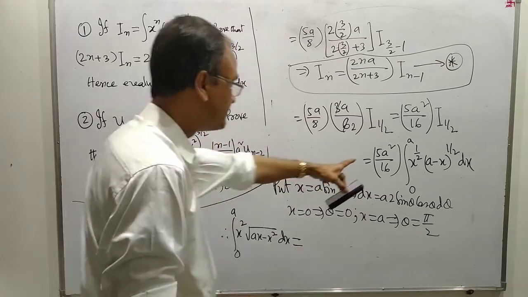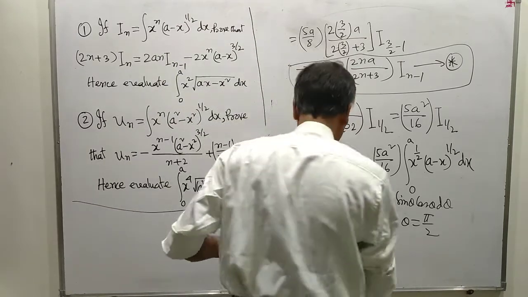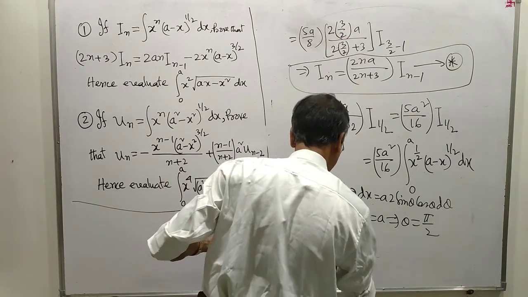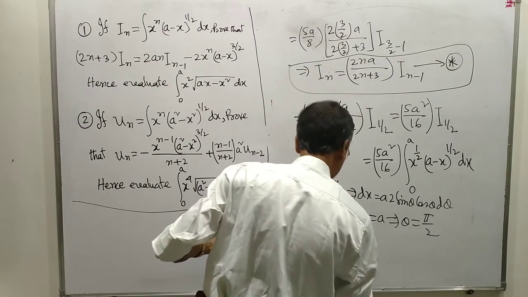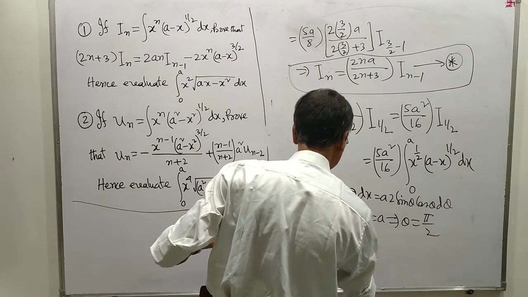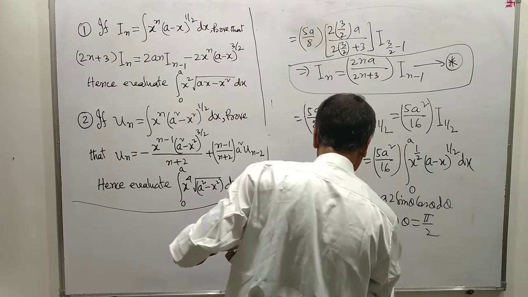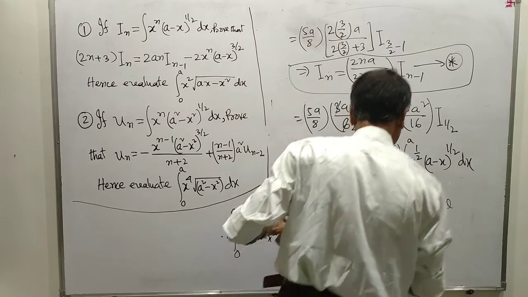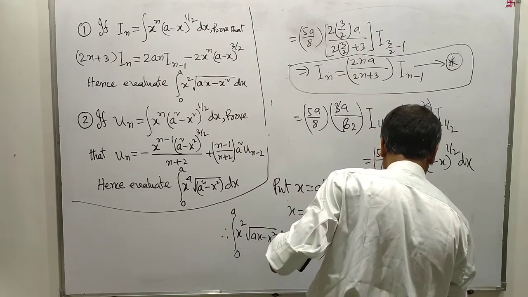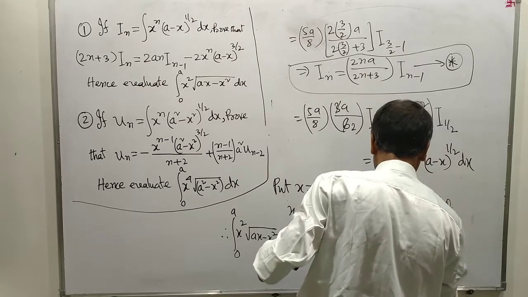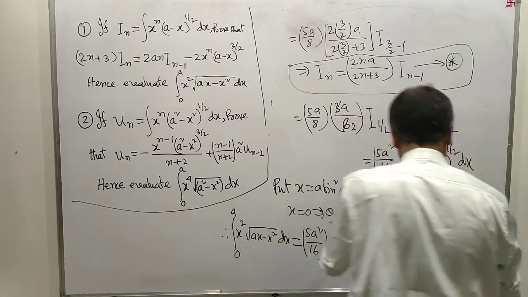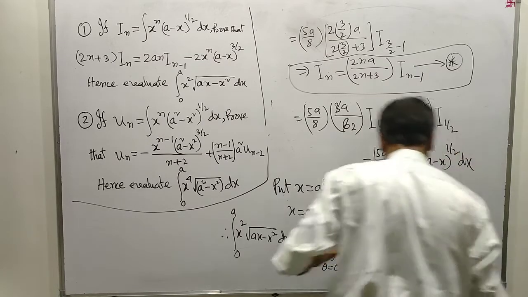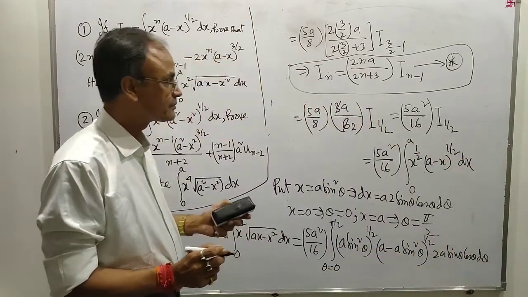This is equal to 5 a square divided by 16 integration, this time theta equal to 0 to pi by 2, x to the power half, a sin square theta whole to the power half, a minus a sin square theta whole to the power half, dx means twice a sin theta cos theta d theta.